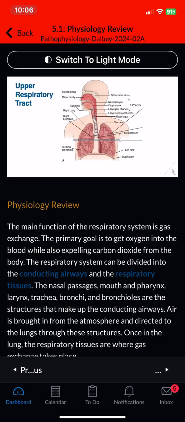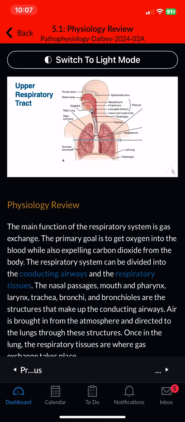The respiratory tract can be divided into upper and lower respiratory tracts. Those structures that are in the head and neck are considered to be the upper respiratory tract. And those are conducting pathways as they allow air to travel down into the lungs. The structures that we consider part of the upper airway include the nasal and oral cavities, the pharynx or throat, and the larynx, or where our voice box is located.